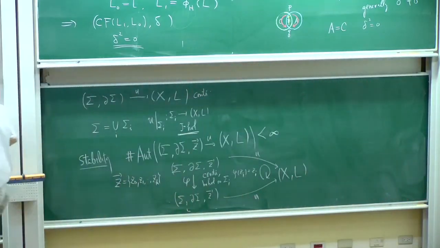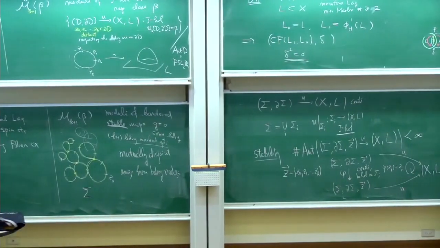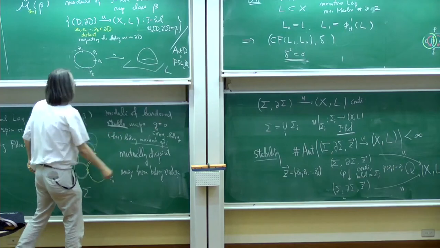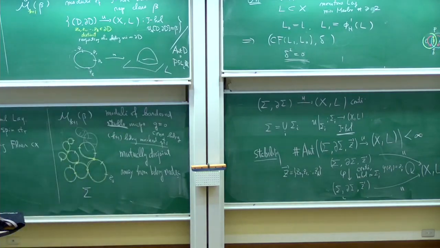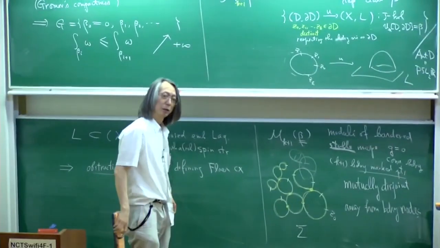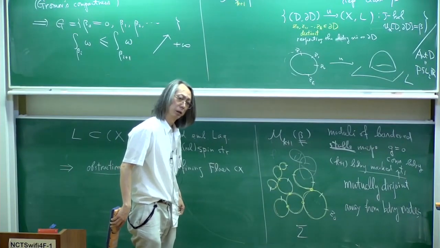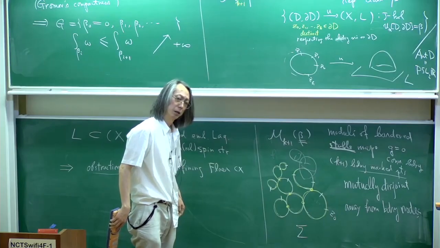So we require such a condition for this map U, and then consider all such stable maps representing class beta, and then I get a certain moduli space. You define the moduli space in the problem, but instead of the stability condition, you directly wrote it out by the automorphism group.